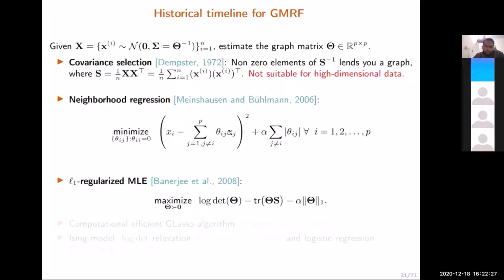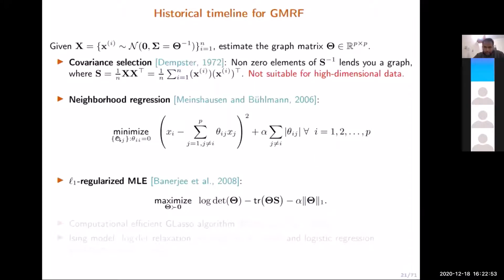They look at how xi is dependent on all the other variables, putting weight on the dependencies of xi and all the other variables, and they also put sparsity constraints on theta. They build their approach on a regression model.